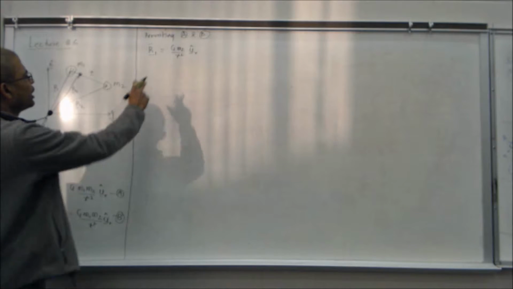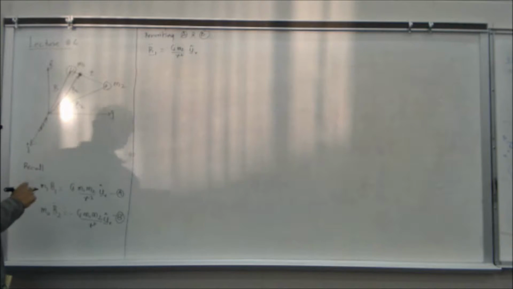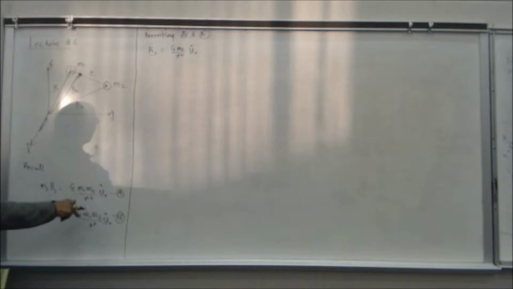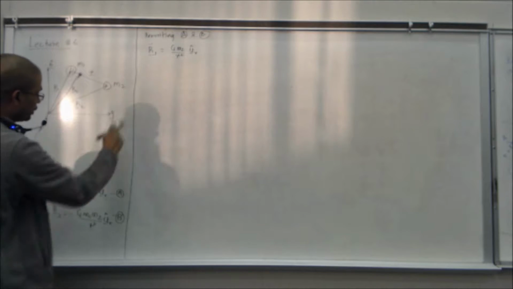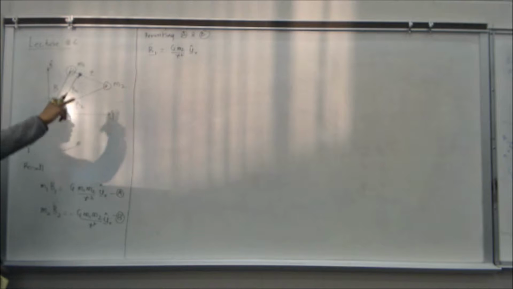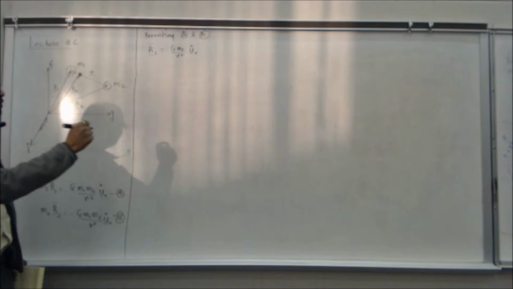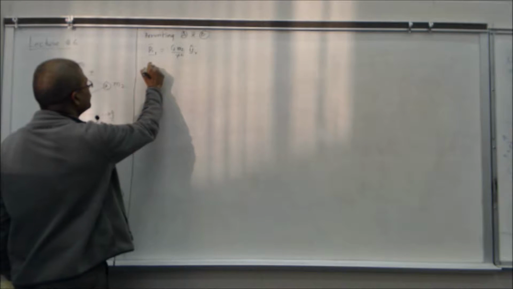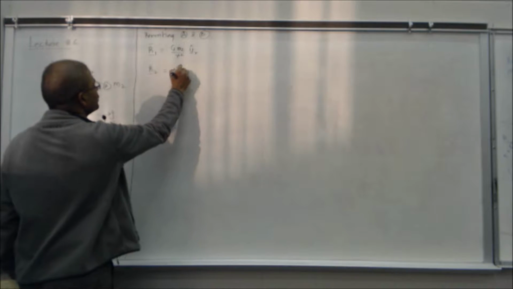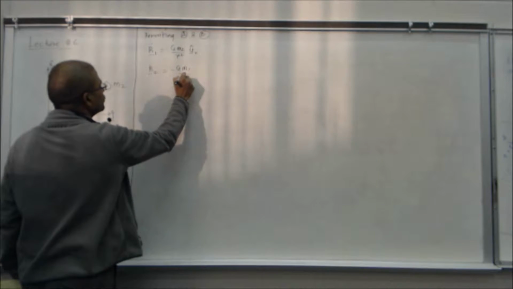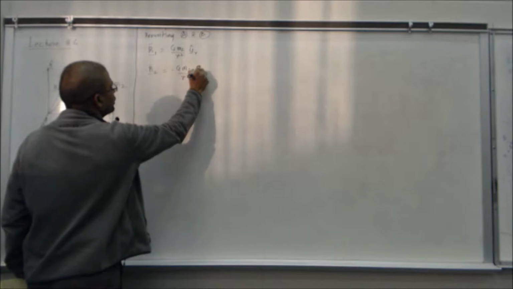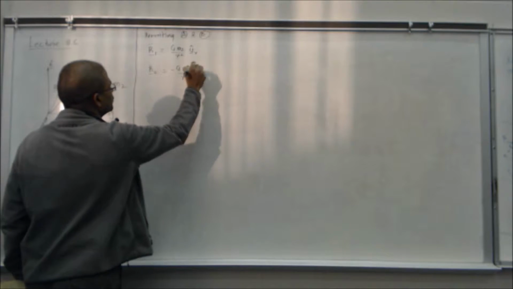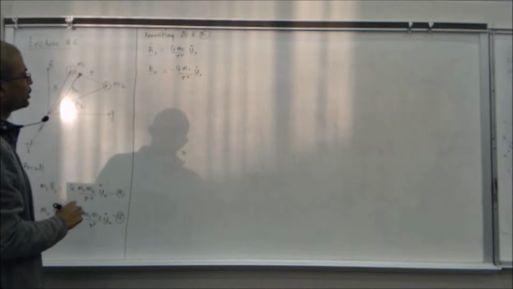Okay. So this is what you had, okay? If we divide equation A by M1, you're going to get that, okay? And if you divide equation B by M2, you're going to get minus G M1 over R square into UR, vector in the R direction.